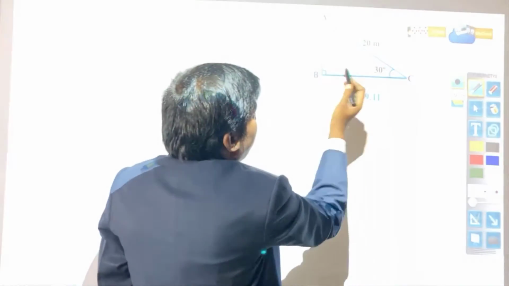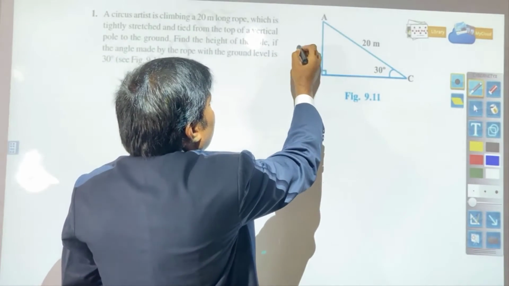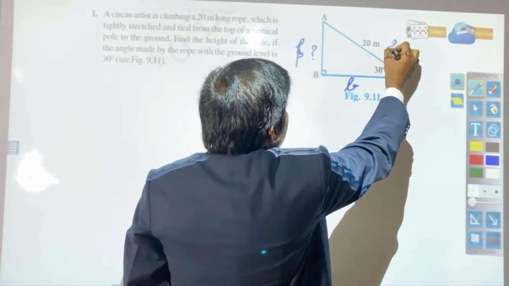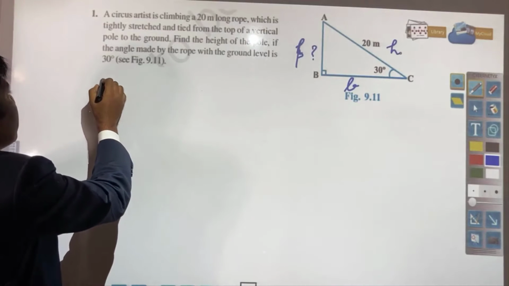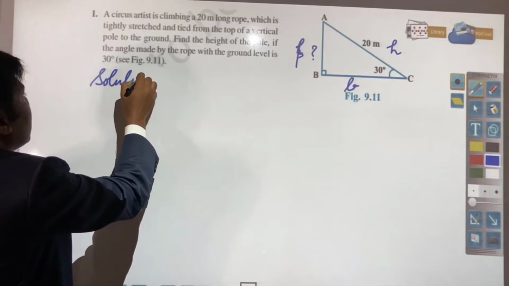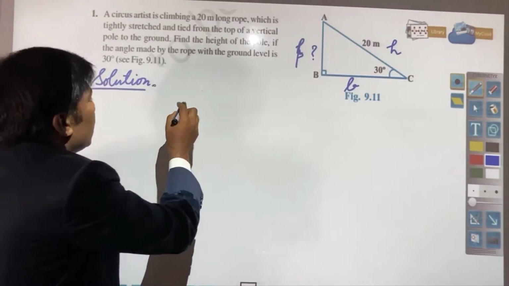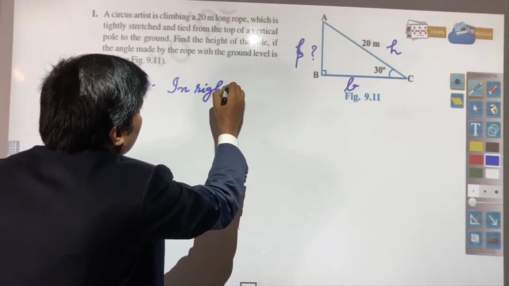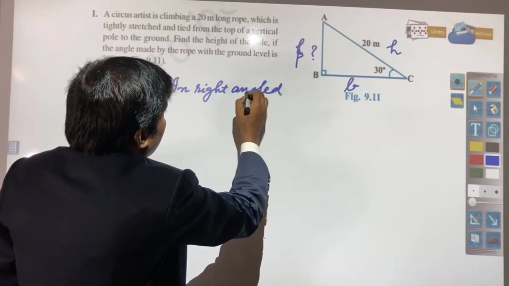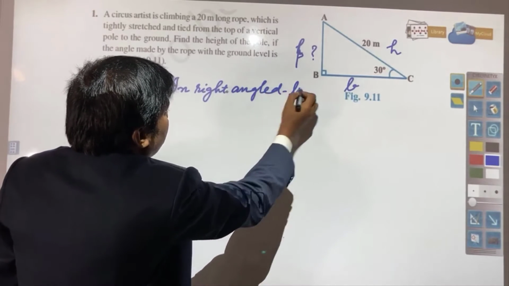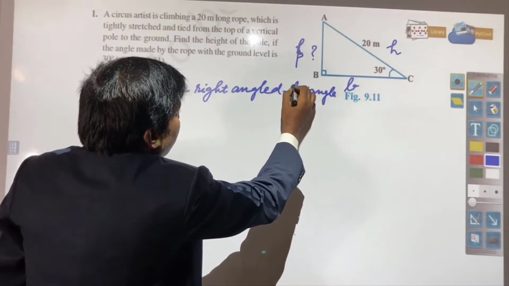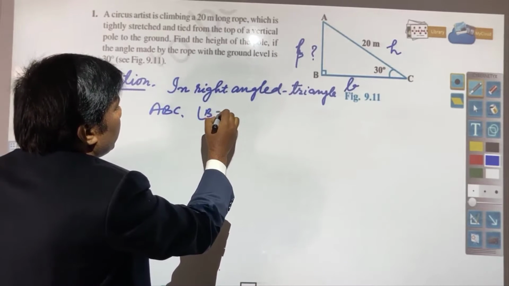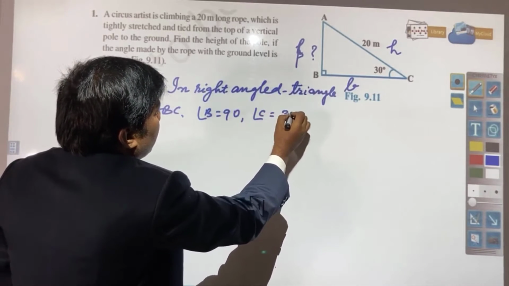This is the rope, this is the angle of elevation, this is P, this is H, and this is B. So now here we will write: in right angle triangle ABC, angle B is equal to 90 degree and angle C is equal to 30 degree.